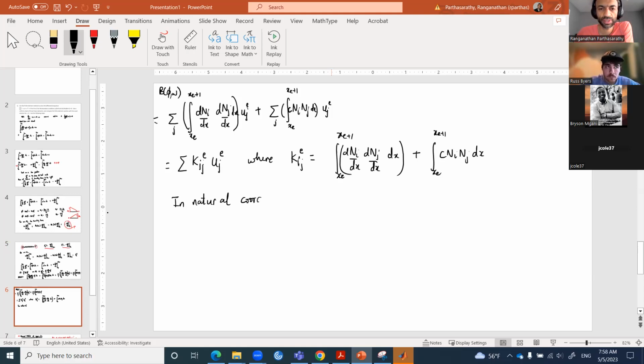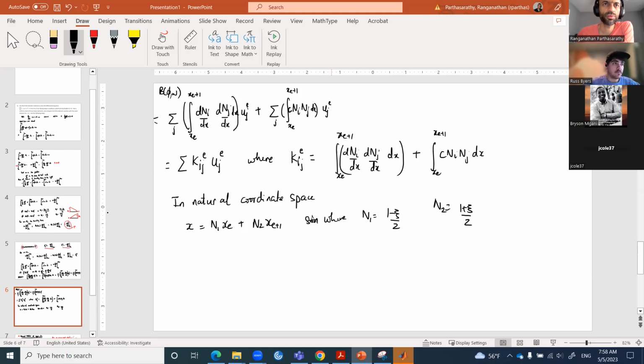In natural coordinate space, we know that x is equal to N1 xe plus N2 xe plus 1, where N1 is 1 minus psi by 2, and N2 is 1 plus psi by 2. This is a mapping from real coordinate space to natural coordinate space.